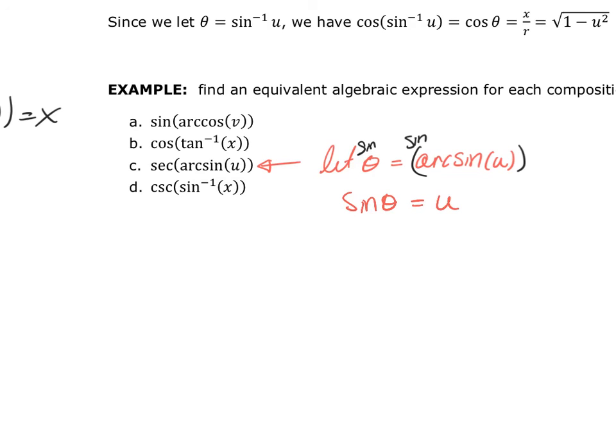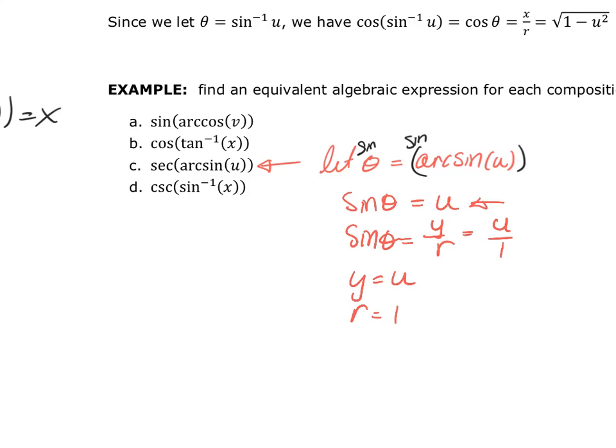How do we define the sine of theta? Y over r. So if this is what we have, what is y? I can always put anything over 1 as my placeholder. That tells me that y is u and r is 1.